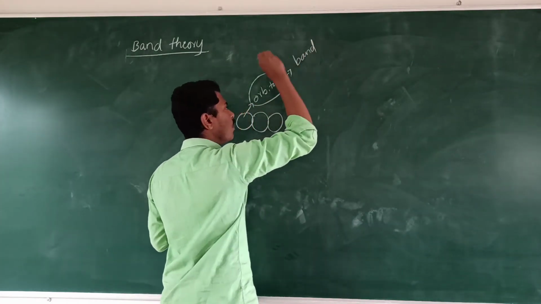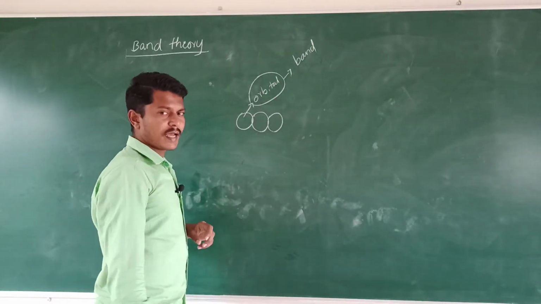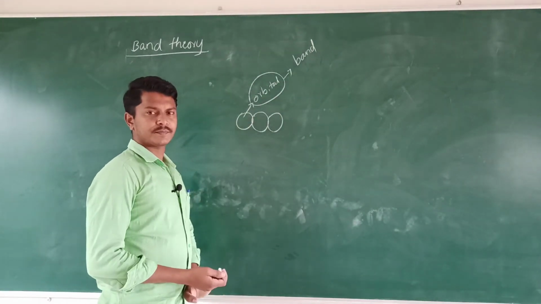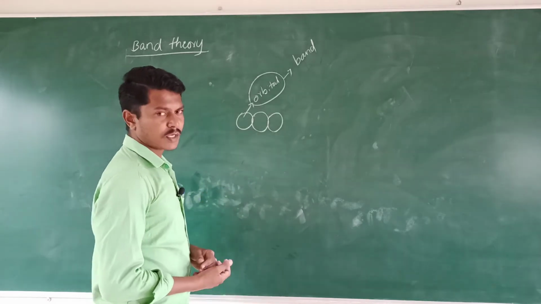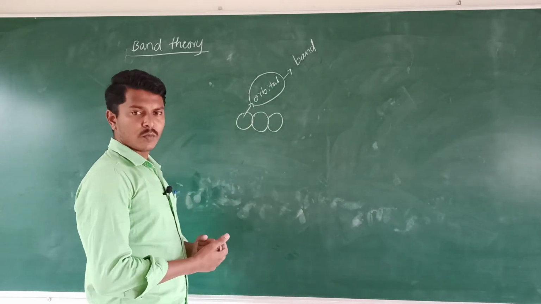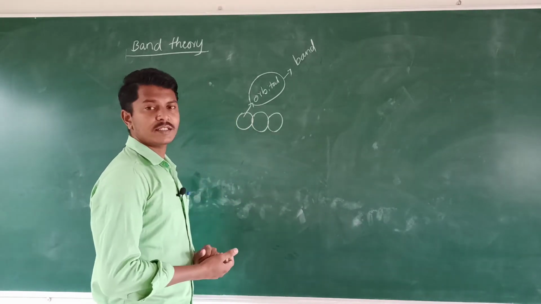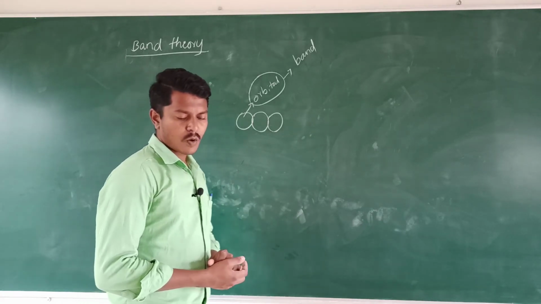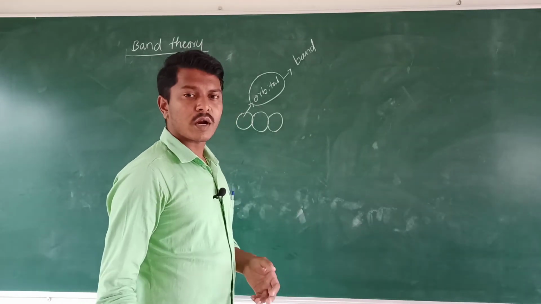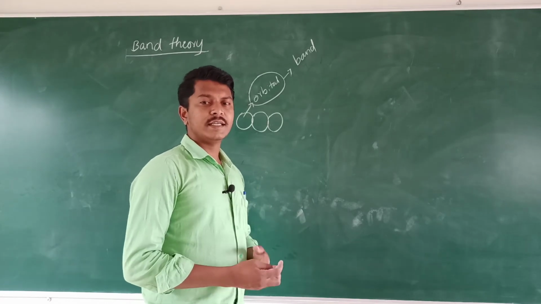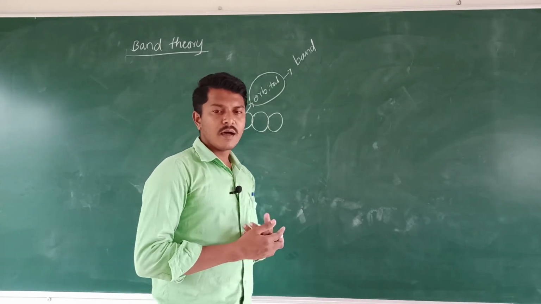The group of valence orbitals in a lattice is called what? Band. Here, two types of orbitals are there: bonding molecular orbitals and anti-bonding molecular orbitals. Bonding molecular orbitals have lower energy, anti-bonding molecular orbitals have higher energy.